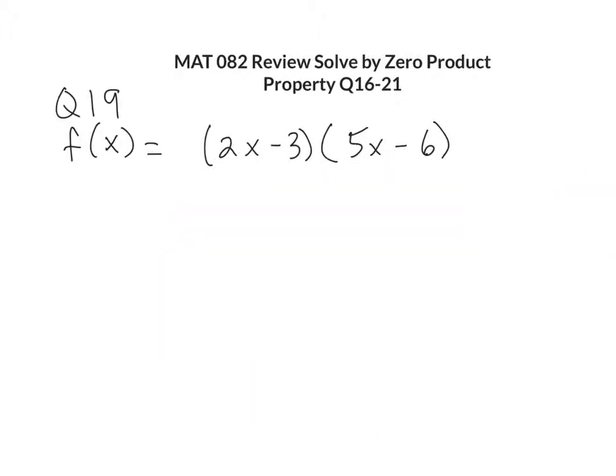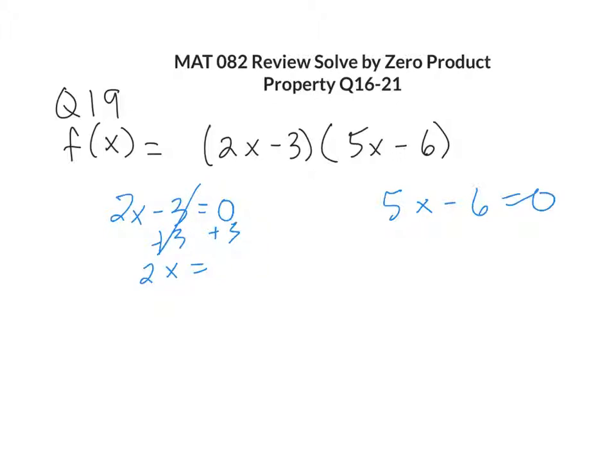Here's an example where we don't have to factor first. It's already in its factored form. So we're just going to set both of these equal to 0. So on the left, I have to get rid of minus 3 first by adding 3. So I end up with 2x equals 0 plus 3 is 3. And then to get rid of that 2, I have to divide.